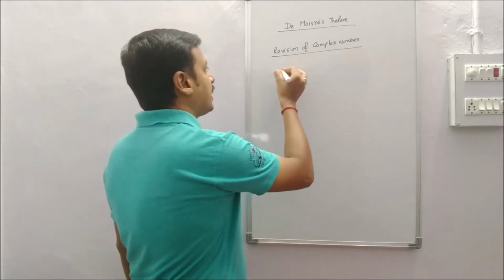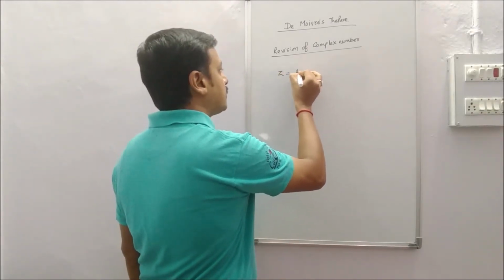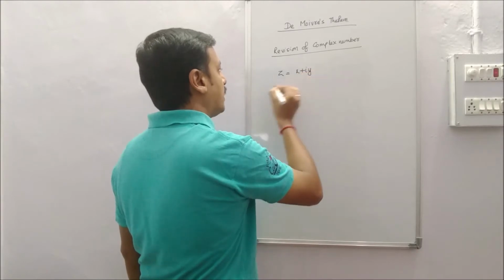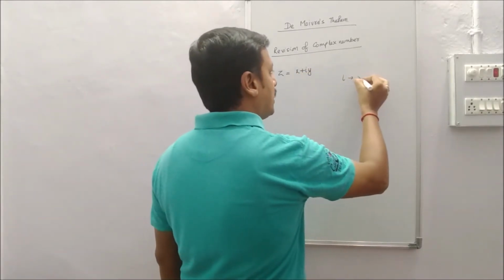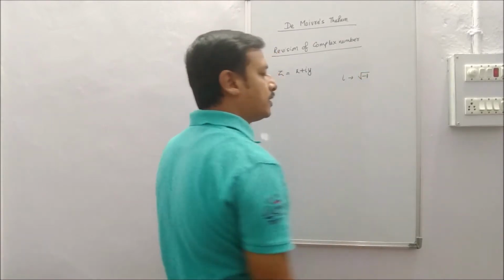A complex number is represented by z is equal to x plus iy, where i is called iota, whose value is root over minus 1.